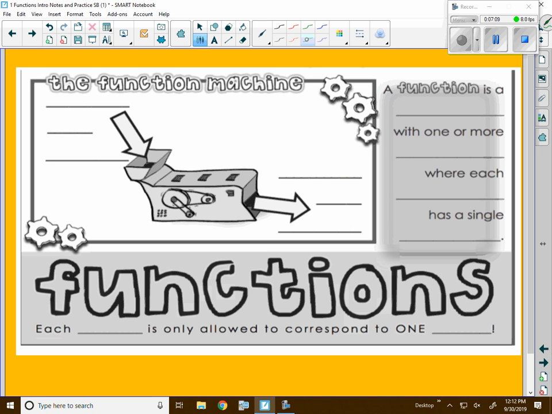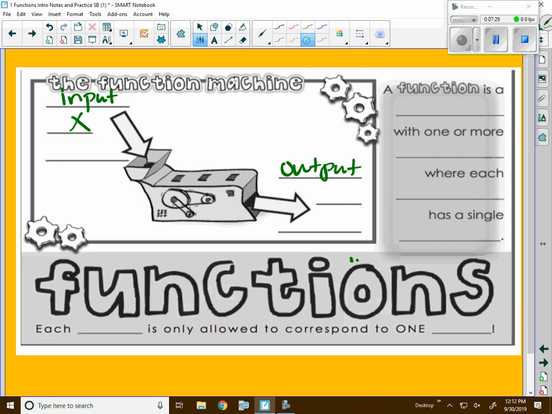All right, so if I put in something, I'm going to get out something. So here we're going to do input. What's another way of writing or saying input? Yes, X. So our input is X. What's our output then?